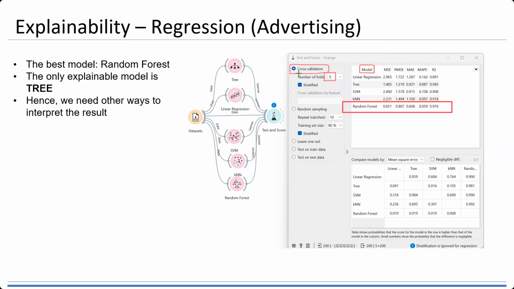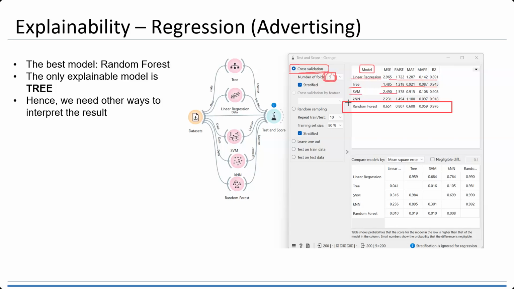The cross validation. You can take a look at your PowerPoint. What is the cross validation and 5? So using the cross validation 5 times, using linear regression, this is the result. Using the decision tree, this is the result. There is another algorithm called SVM, this is the result.